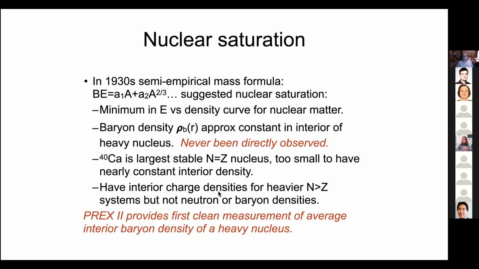We have charge density for heavier nuclei, but those heavier nuclei are neutron-rich. They have more neutrons than protons. And so the charge density, the proton density alone, doesn't determine the interior baryon density. So PREX2 provides the first clean measurement of the average interior baryon density of a heavy nucleus. And this is fundamental for nuclear saturation.